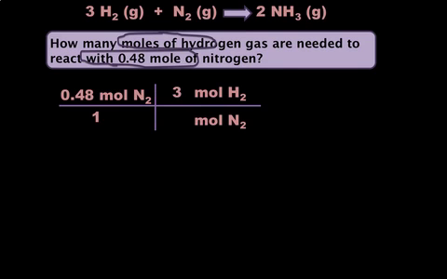In front of the nitrogen there's nothing, which counts as a 1, so I'm going to put that in front. My moles of nitrogen cross out. I want moles of hydrogen, so I'm done. I multiply across the top, divide across the bottom, which is just 1s, and I get 1.4 moles of hydrogen. That's the simplest way. That's just step 2, changing from moles of one thing to moles of something else.